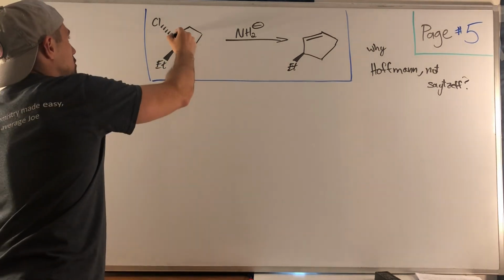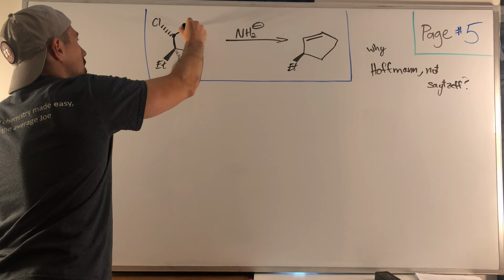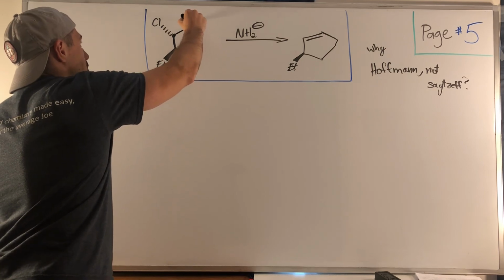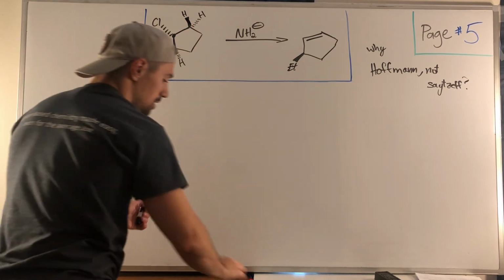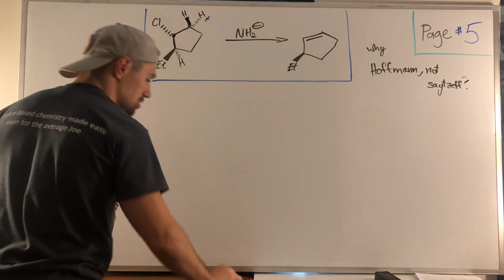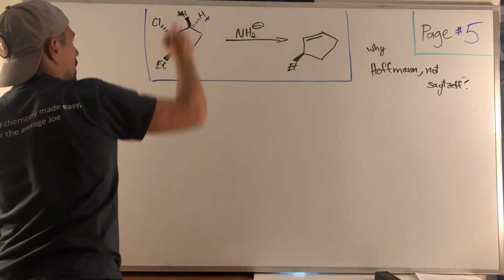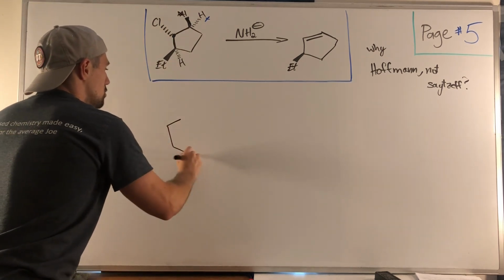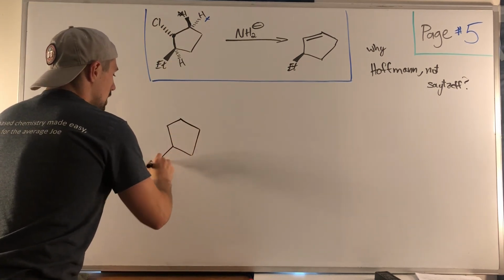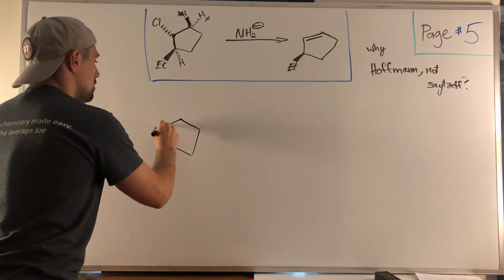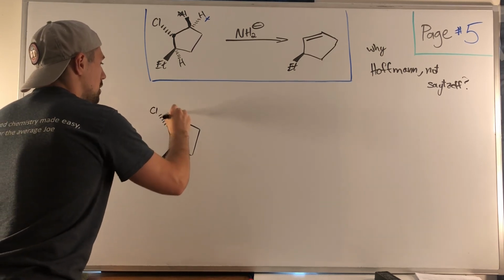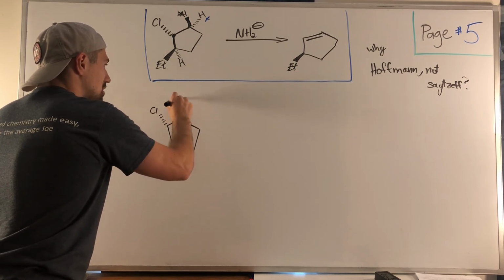So we have to look elsewhere, and our only other neighbors next door, we do have two hydrogens to work with. Obviously, we don't want this one, but we do want this one, okay? So to show the mechanism, I think the most appropriate way to do that would be, obviously we need to draw the ethyl group, it's part of the structure, but you would expose the hydrogen that is anti-periplanar.